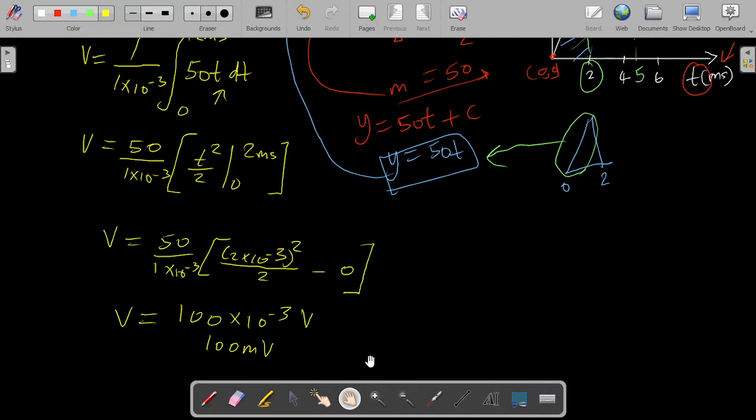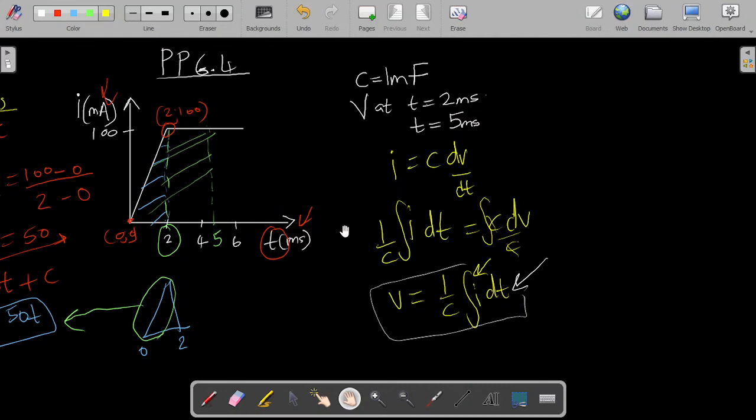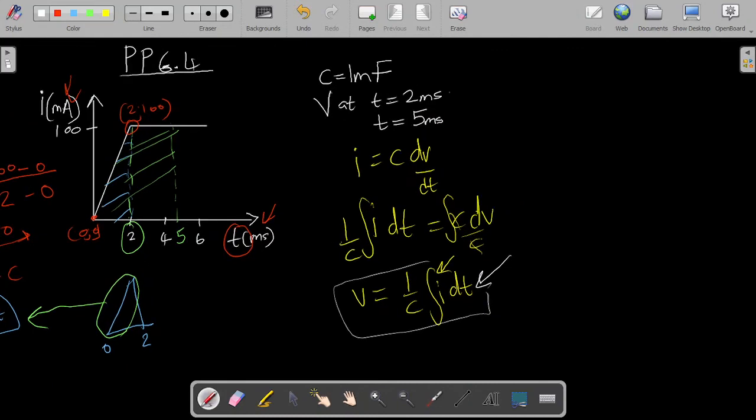And now that we have that, we can move on to the other one, which would be at time equals 5 milliseconds. And we do the exact same thing. We're now dealing with this region. And in this region, we want to find the formula of I. But if you look at this region, it doesn't just have one formula, because you have this point, then you have a line which is like that.